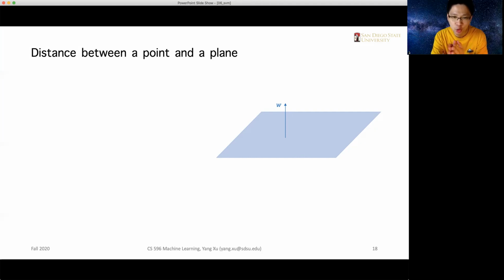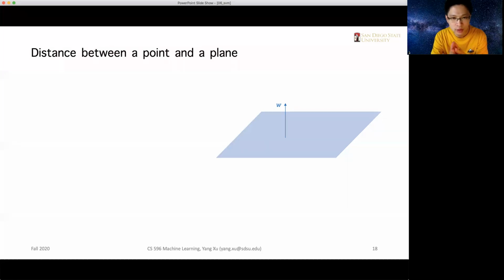Okay, so based on this idea that we want to maximize the margins of the decision boundary, we formulate the SVM model into an optimization problem with constraints.